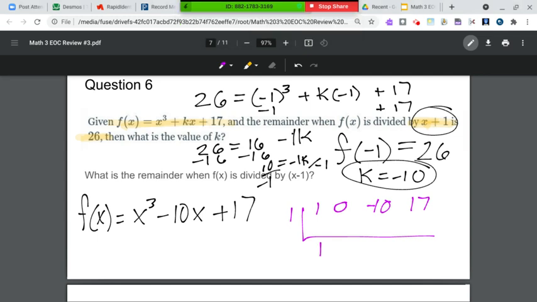Drop, multiply, add, multiply, add, multiply, add. What is the remainder when f of x is divided by x minus 1? The remainder is 8.